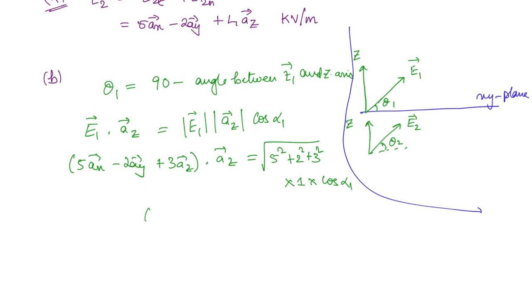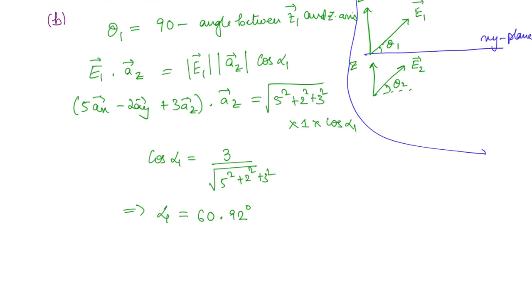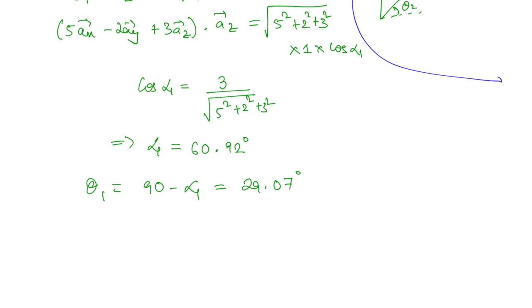So cos alpha 1 is equal to 3 divided by root over 5 square plus 2 square plus 3 square. If you do this, you are going to get alpha 1 equal to 60.92 degrees. So our required angle theta 1 is equal to 90 minus alpha 1, which is 29.07 degrees.